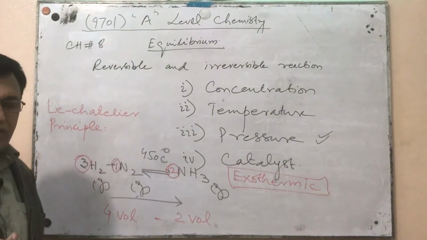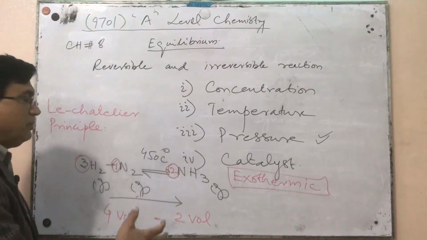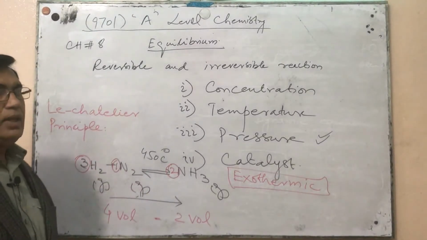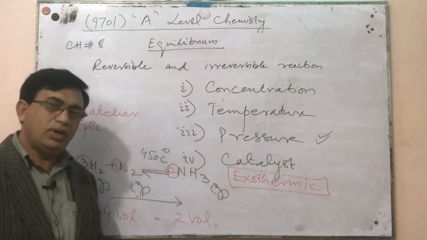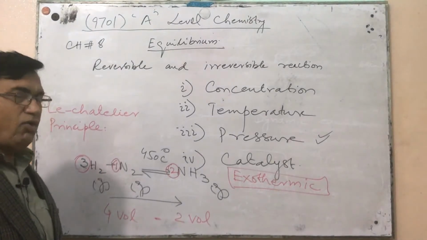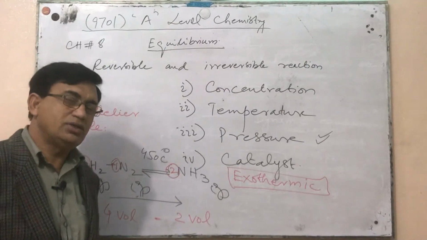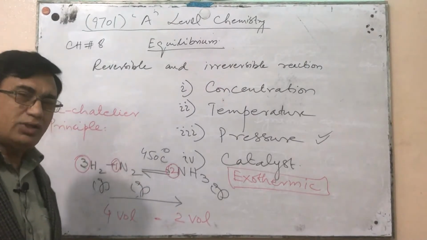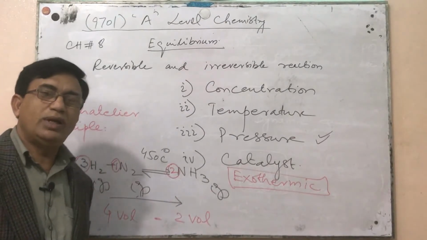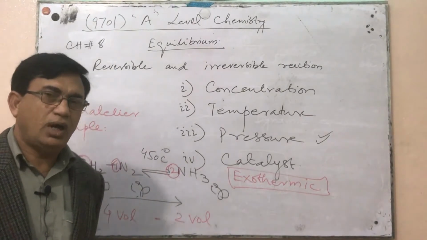But in case of the gaseous state, on increasing pressure, gas molecules will come closer to each other. Automatically, their number of collisions per unit time will increase. So the chances of formation of activated complex increase, which increases the rate of reaction consequently. But this will also apply to the products. Product molecules will also collide and their chances of decomposition will also increase.